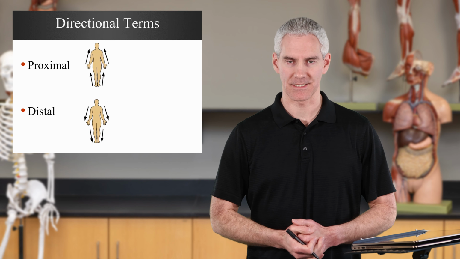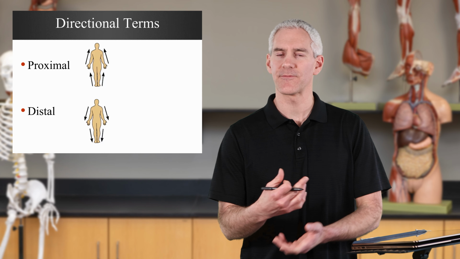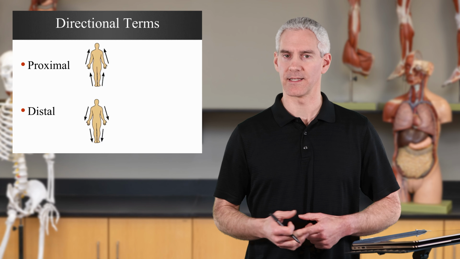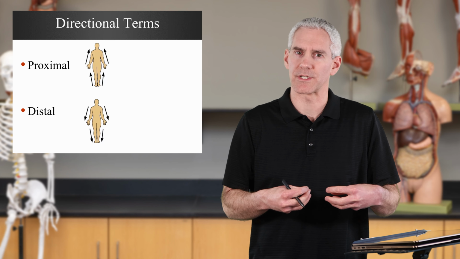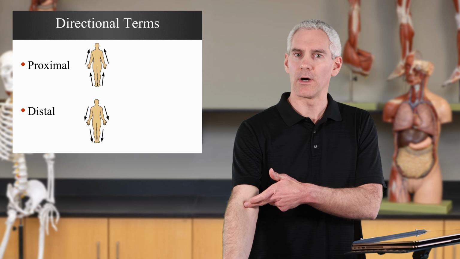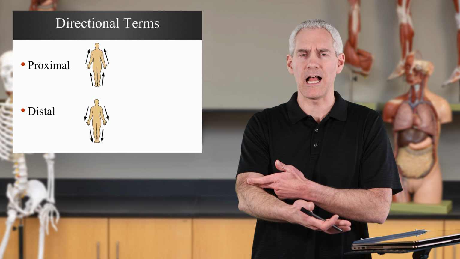Proximal and distal. These can be a little more interesting because proximal and distal is for the limbs, arms and legs. The term proximal, think proximity, it's closer. Your elbow is proximal to the wrist. Why is the elbow proximal to the wrist?